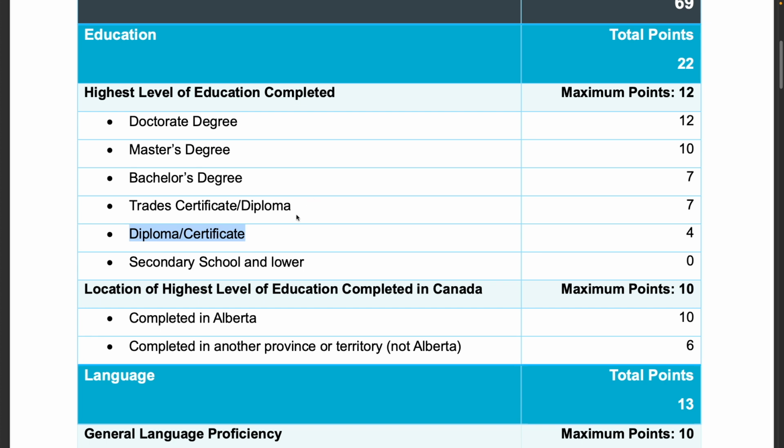Again, say for example, I did my bachelor's in India and I came and did my master's in Canada, then I will get either 6 or 10 points based on the location of my education. If I did it in Alberta, I will get 10 points. If I did it outside Alberta, say Ontario or BC, I will get 6 points.